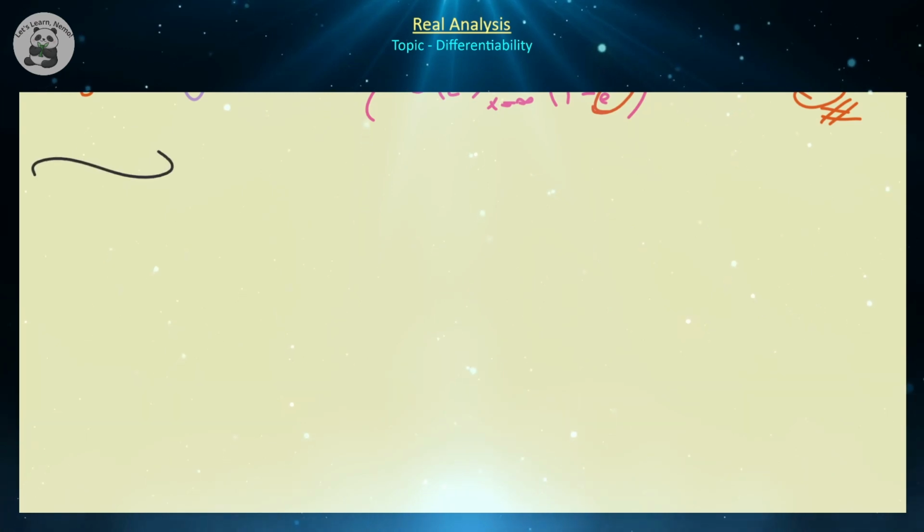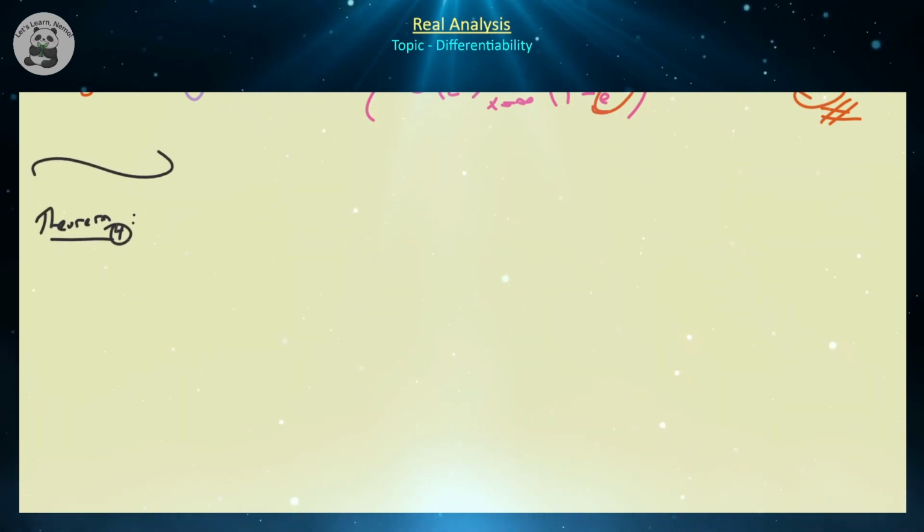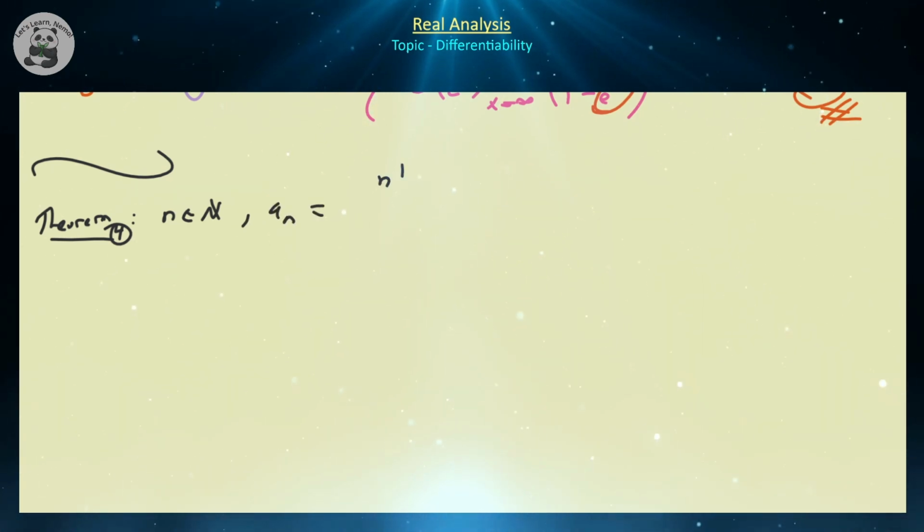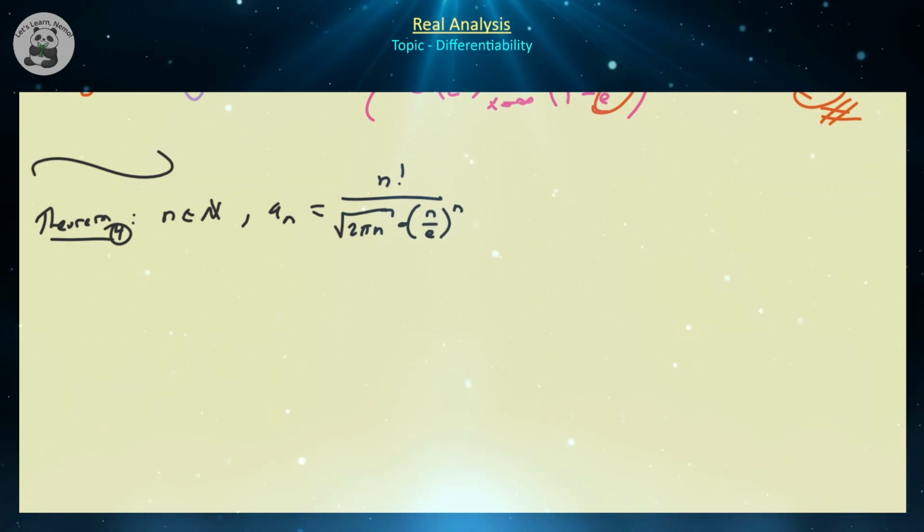The next theorem that I want to introduce is also related to limits, but it's limits of sequences. So let's assume that n is a natural number, and let's assume we have the sequence a_n, which is equal to n factorial all over the square root of 2 pi n times n over e to the power of n.